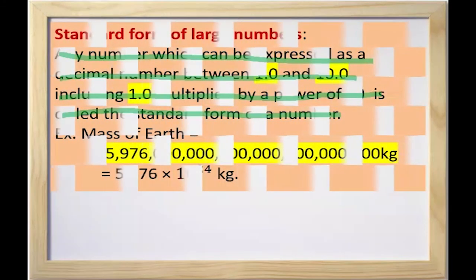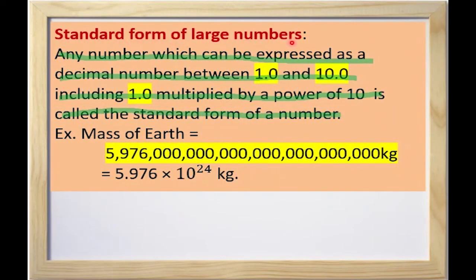Children, now we are going to learn the standard form of large numbers. Standard form means we can write very large numbers in a very short form. Now, what is a standard form? We are going to learn now.